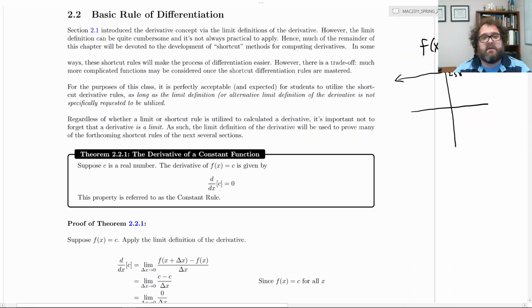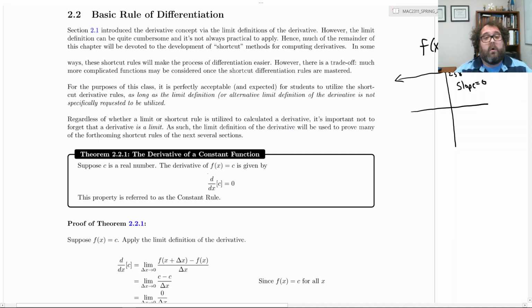What's the slope of a horizontal line always? No matter where the horizontal line is, slope equals 0. So there's our first shortcut rule. The derivative of f of x equals c is given by, remember this, d/dx, that means the derivative of whatever's in the brackets. So the derivative of a constant function c is always 0, always.